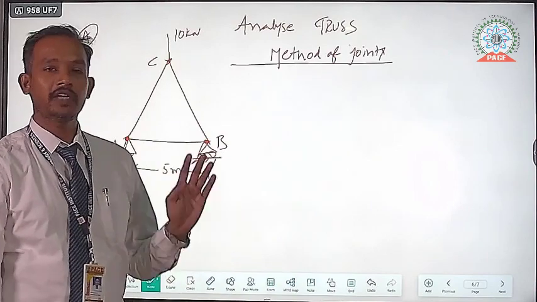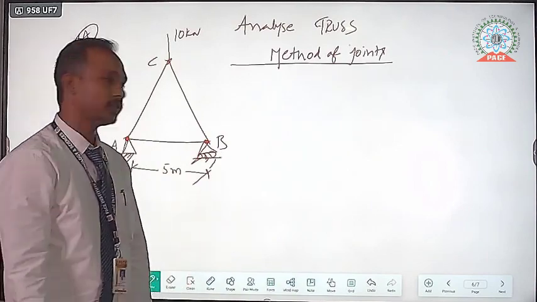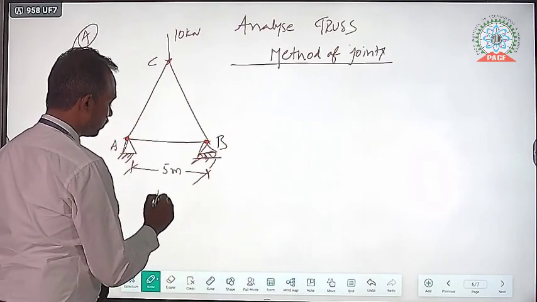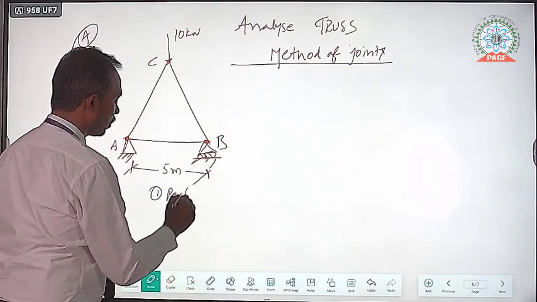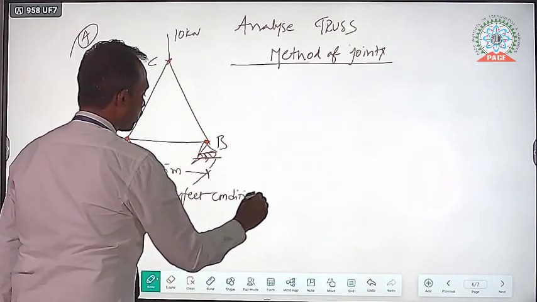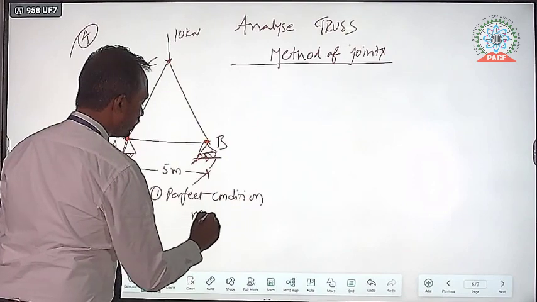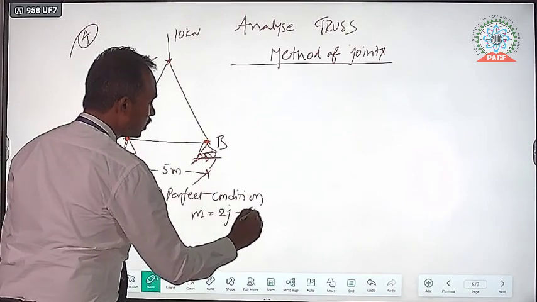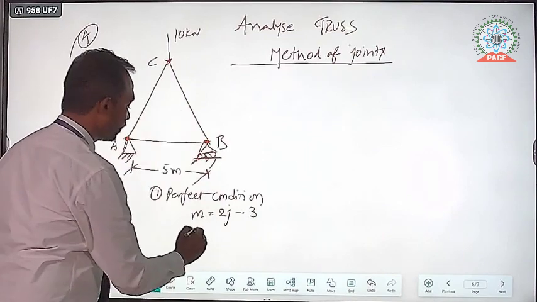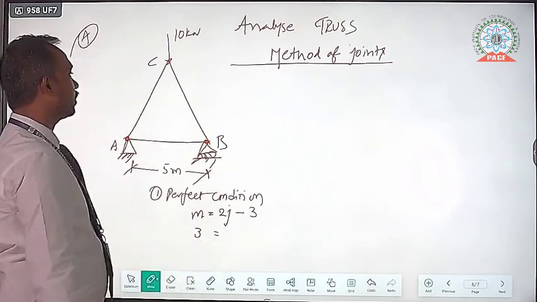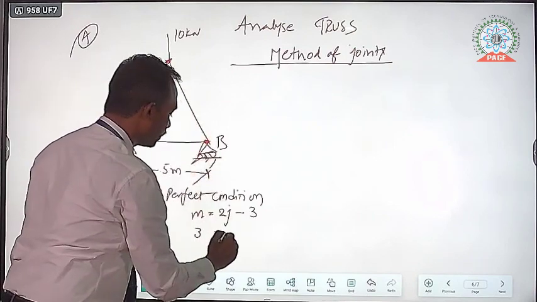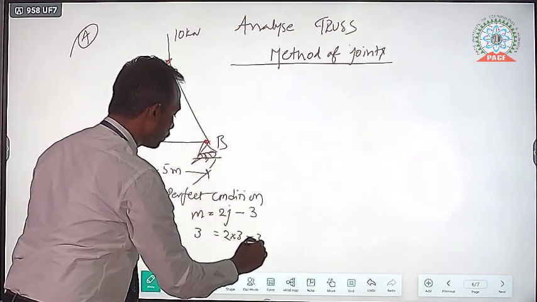So first, the perfect condition: m is equal to 2j minus 3. How many members are there? 1, 2, 3. 3 members. How many joints are there? 1, 2, 3 at A, B and C. So this is in perfect condition.